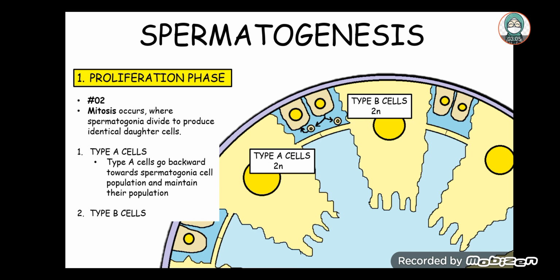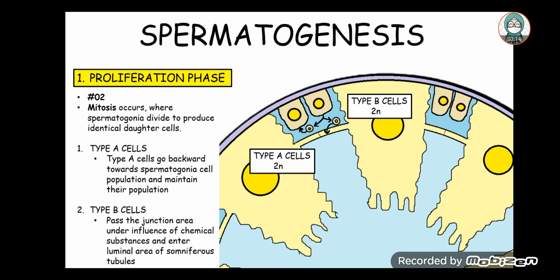Type A cells go back towards the spermatogonia population and maintain it, so the population of spermatogonia does not die away. But type B cells pass the junction area between two Sertoli cells, the junction that divides the luminal compartment into the basal compartment and the adluminal compartment of the seminiferous tubule.